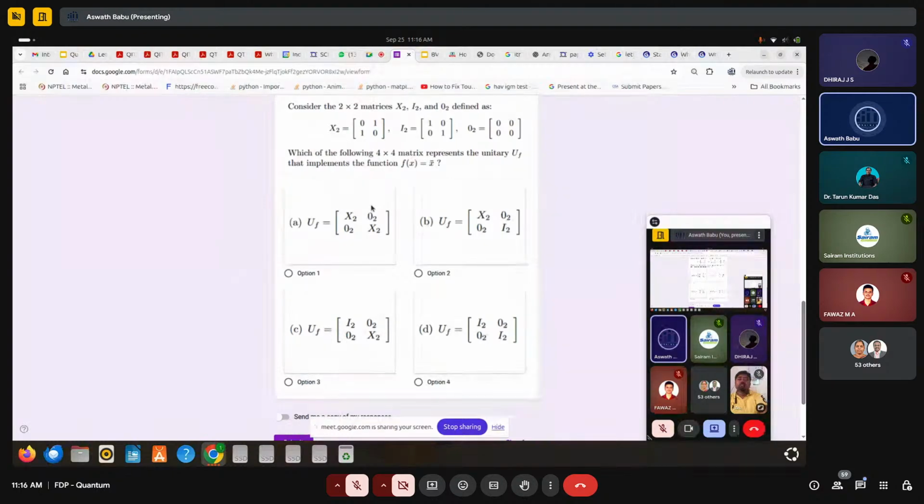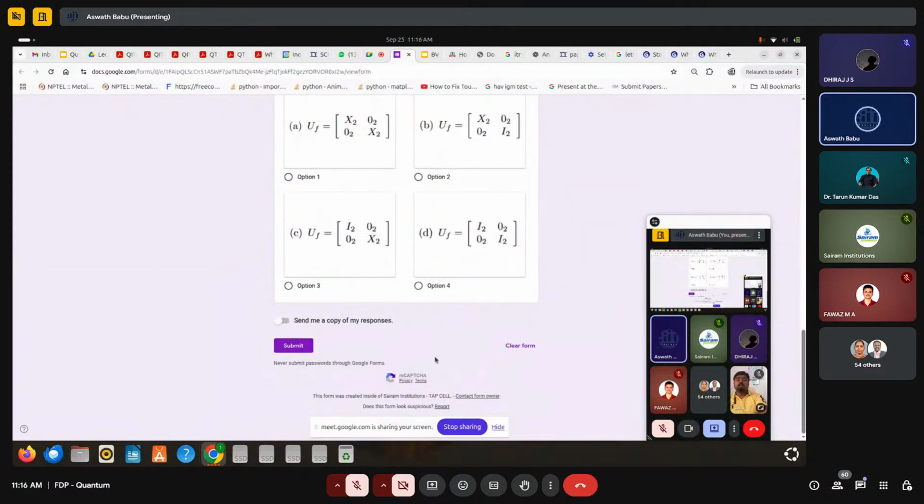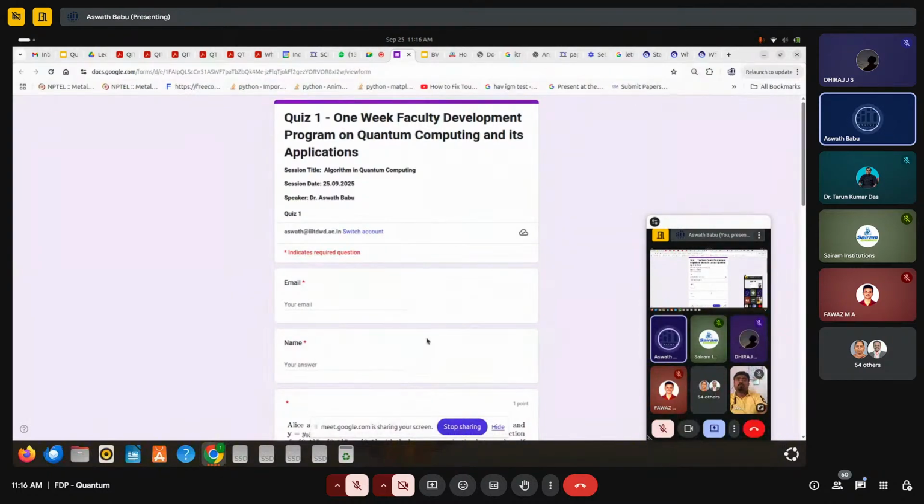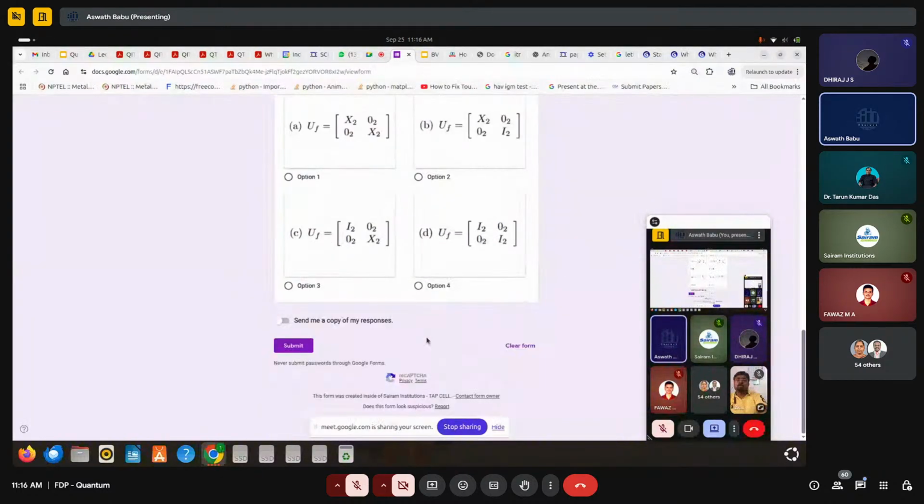Which one does that? The unitary function which we just defined so far. One of them actually falls into this form. I think I'll discuss this again. Only two questions are there. I think I'll discuss this in detail.